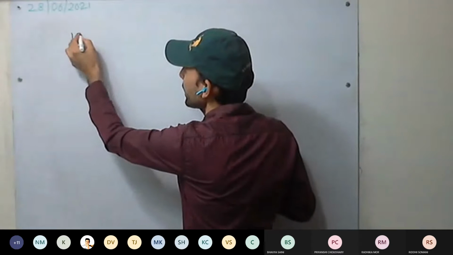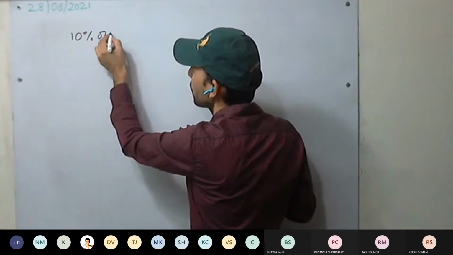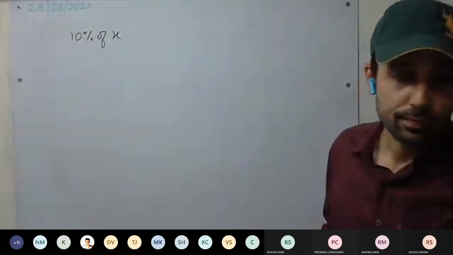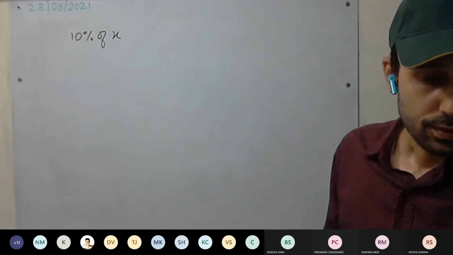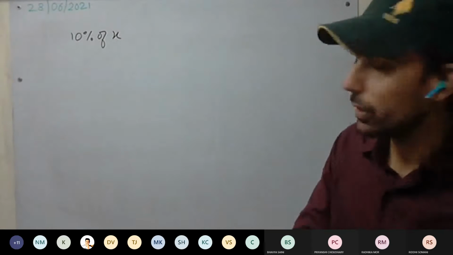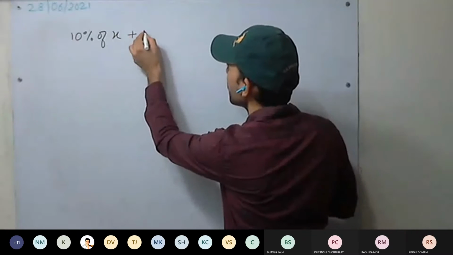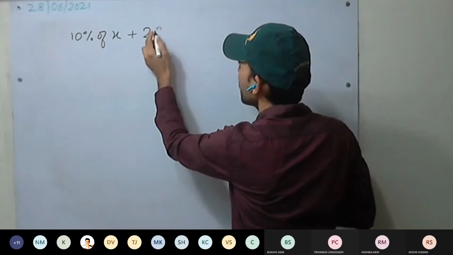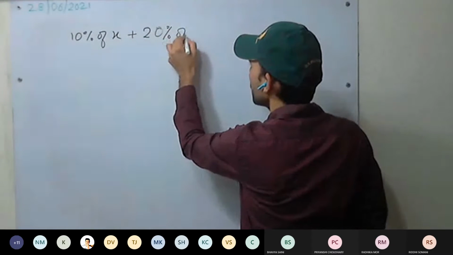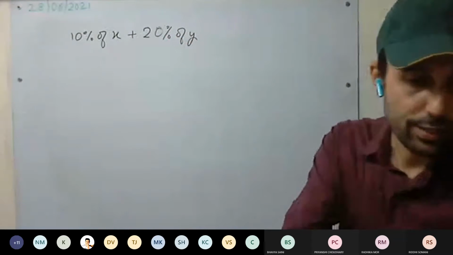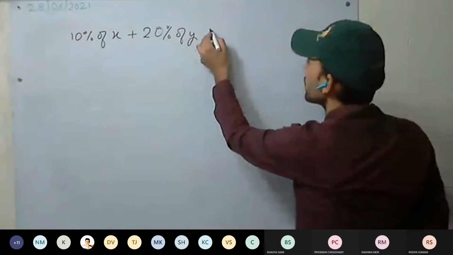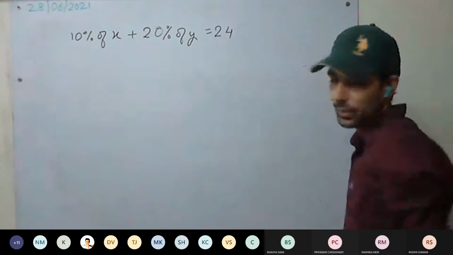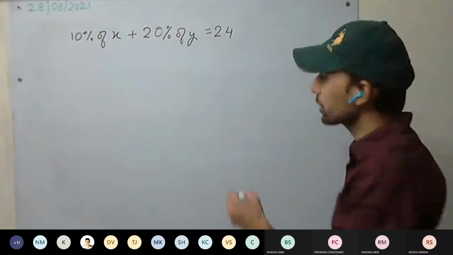How much of x we are taking? 10% of x, and plus 20% of y equal to 24. This is our first equation. Second equation, 3x minus y.